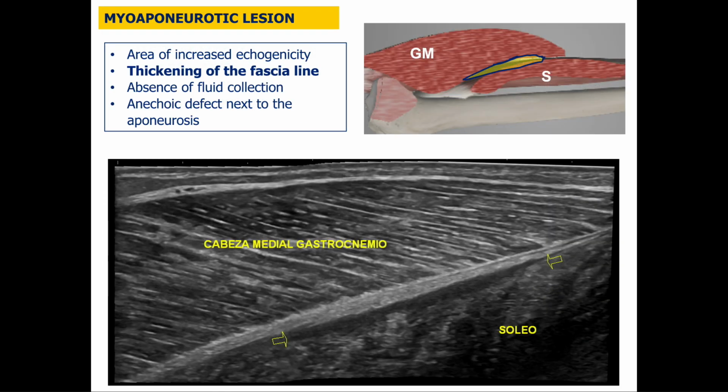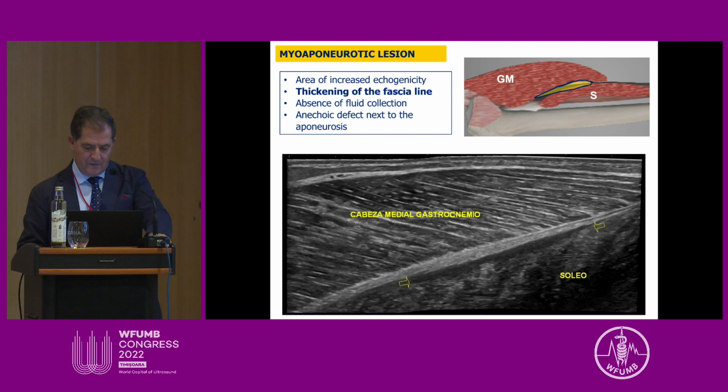But the most frequent problem for us is doing the diagnosis in the intrinsic injuries. This is the first kind of injury, the myoaponeurotic.